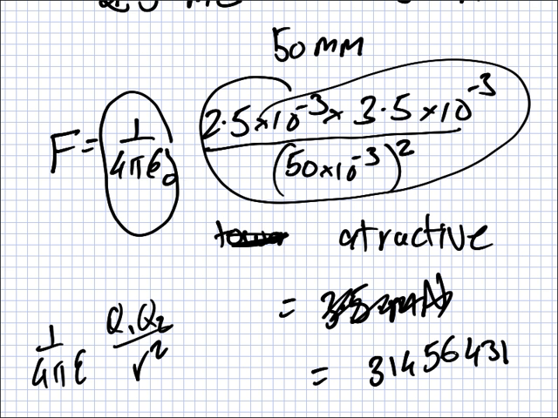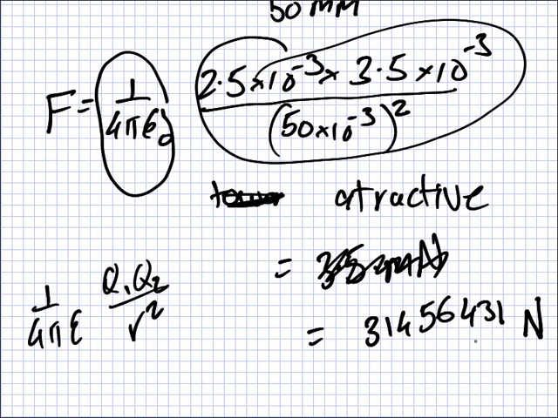Sorry, Matt. I think that might be right, but the answer is different. What does the mark scheme say the answer is? 1.38 times 10 to the minus 8. Let me check. I'll check it myself.